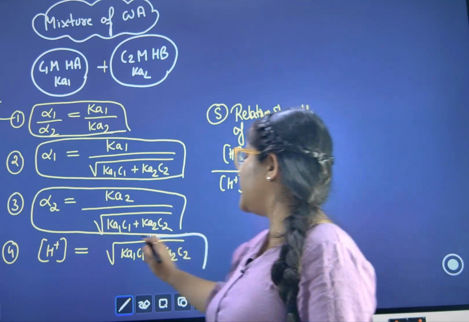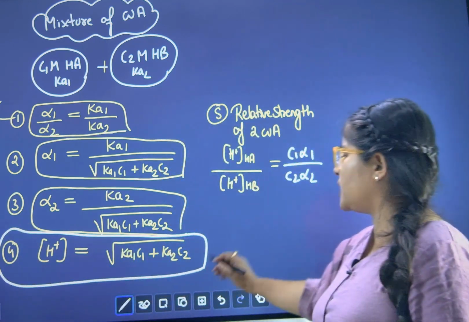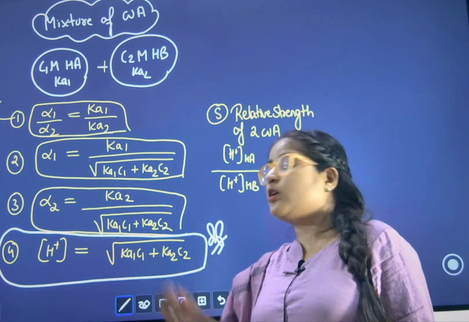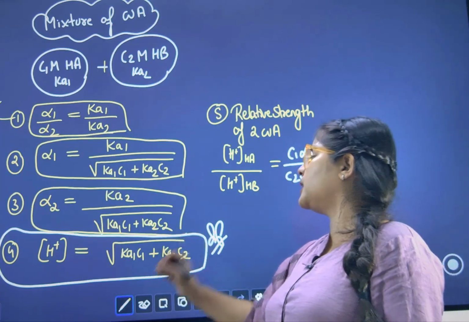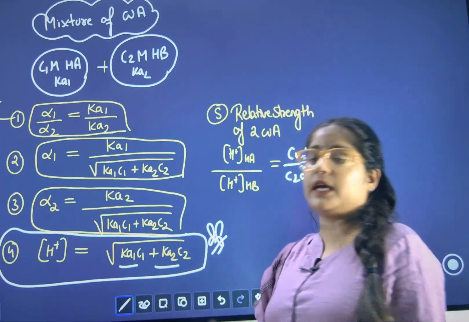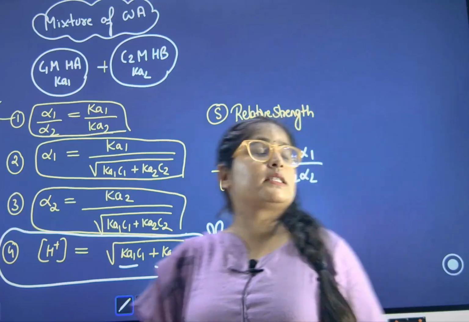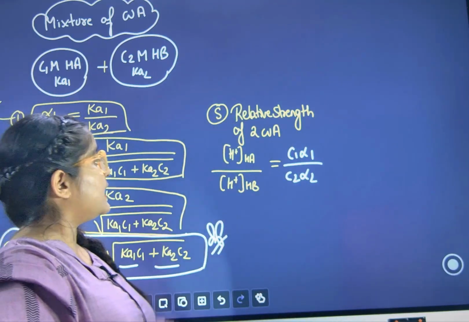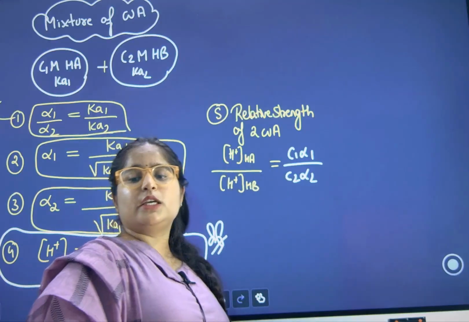And what will be H ion concentration for mixture? This is important because pH only they will ask you, right? So what is the H ion concentration for weak acid mixture? Under root Ka1 C1 plus Ka2 C2. And next, the fifth concept, relative strength of two weak acids is C1 alpha 1 by C2 alpha 2.